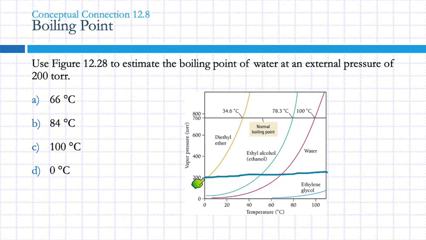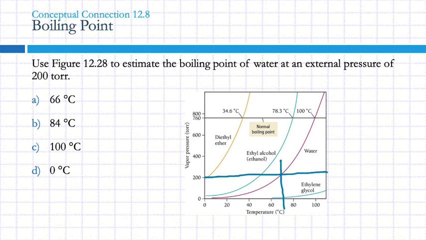At 200 torr, what is the temperature of the water? Well, we'll drop a line down here. This is estimating, and these numbers are not super close together, so my lines are a little crooked, but it's okay. So what do you think the answer is?